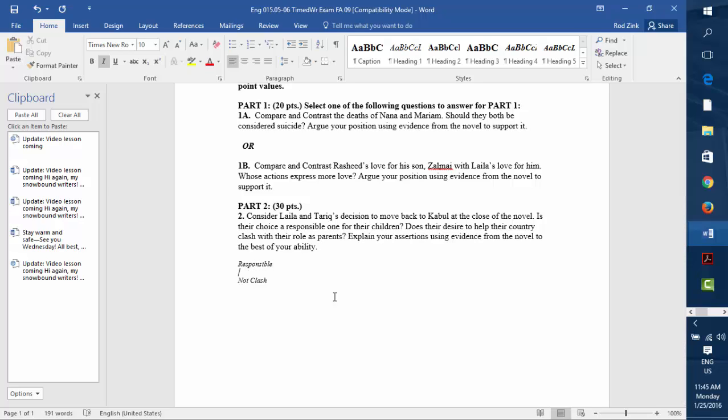You could put responsible, and then you could start listing reason 1, reason 2, reason 3, and then you could put not clash, then reason 1, reason 2, reason 3. Okay, and this would be enough to get you going, and this would be about as far as you'd want to push it, because this is just enough to keep you in line.